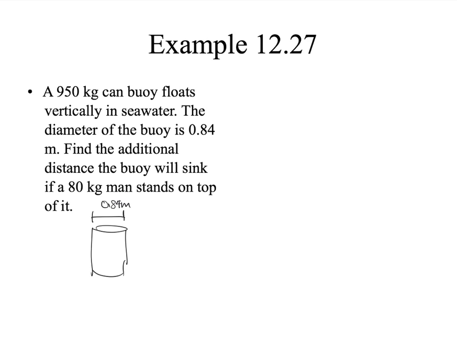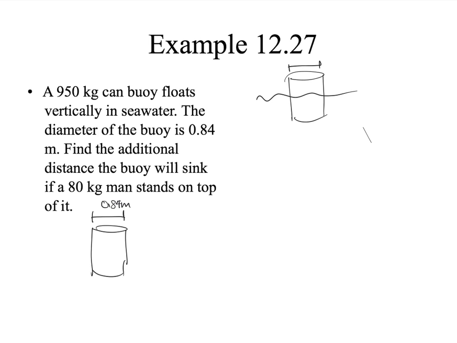But the first thing that I'd like to do is help you see how we could figure out how far the buoy is underwater in the first place. Because we expect, if it's a buoy, we don't think that the whole thing should be underwater. Basically, the buoy will only displace as much fluid as it needs to in order to float.